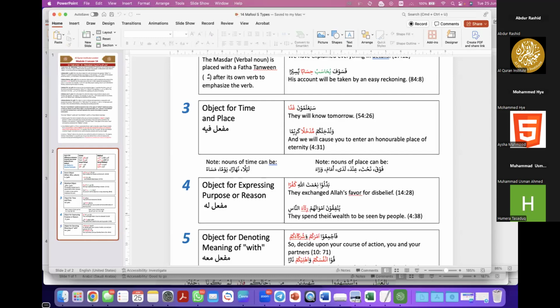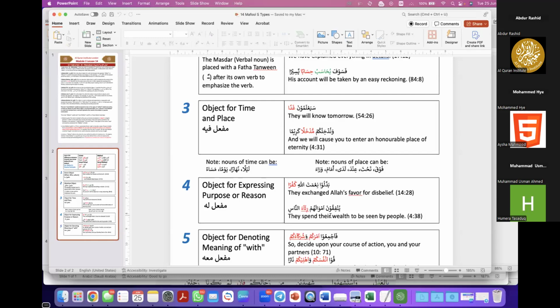They exchange the favor of Allah, Allah's ni'mah. What for? For disbelief. They exchange Allah's favor with something. So reason is the main focus of that lahu.